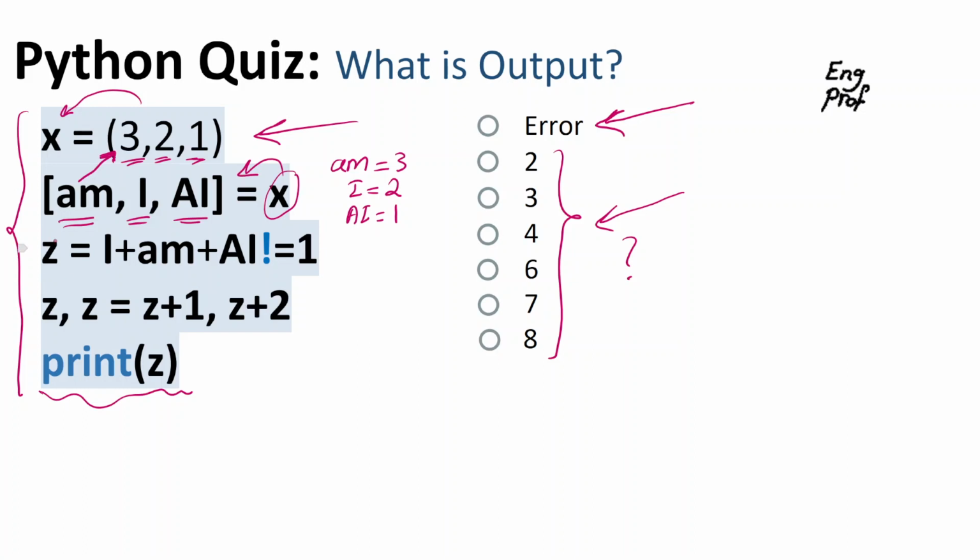In the third line, we are saying z is equal to I+am+AI, and then not equal to 1. The important thing here is understanding operator precedence in Python. Plus, which is the addition, has higher precedence than not equal to.